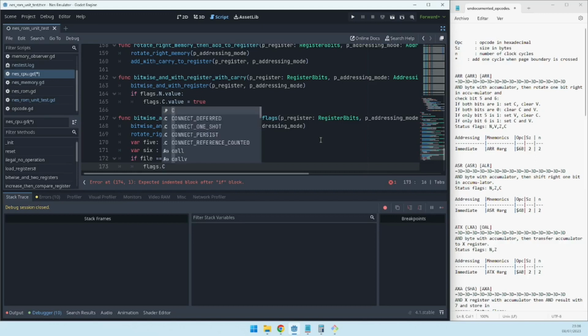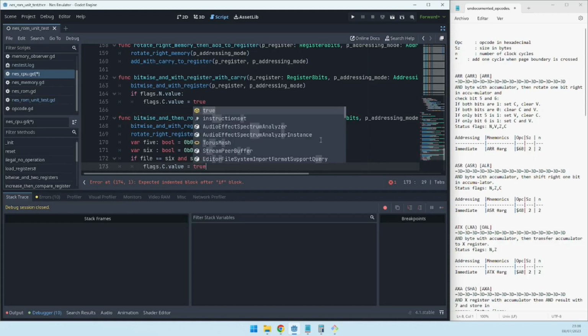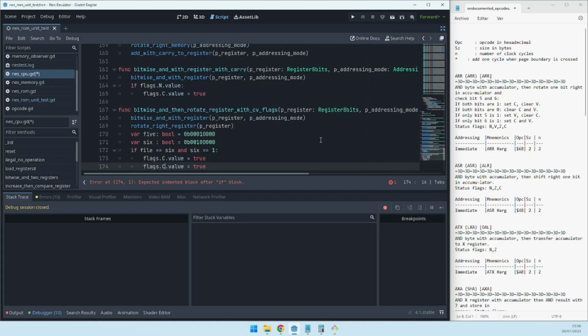Flags C value equal true and overflow is false. What is wrong here? What 5? It's 5.